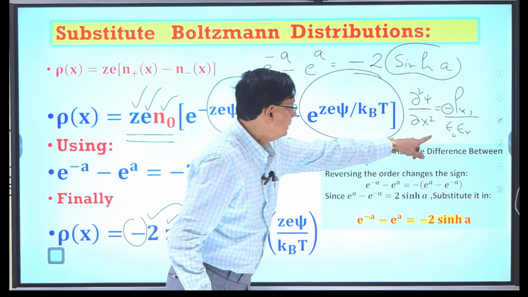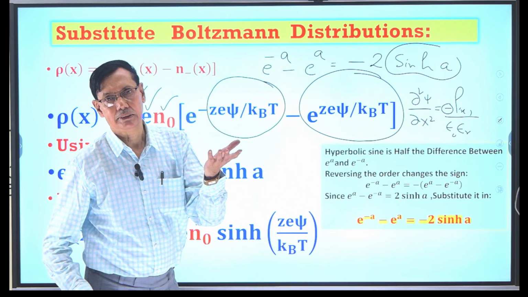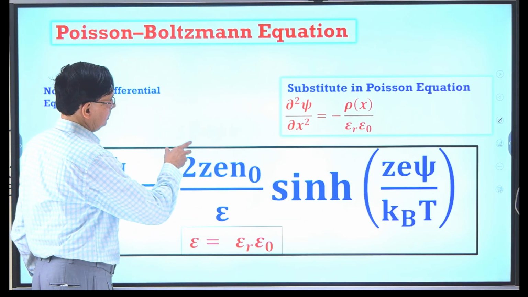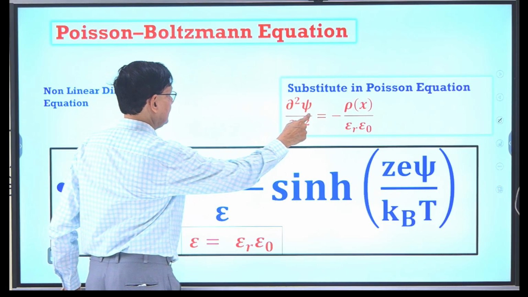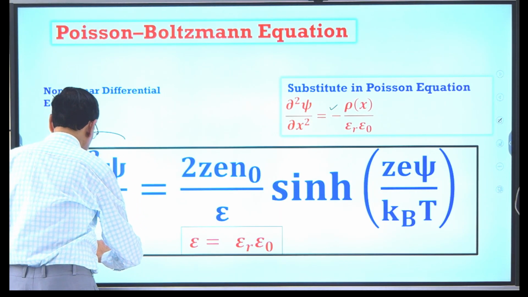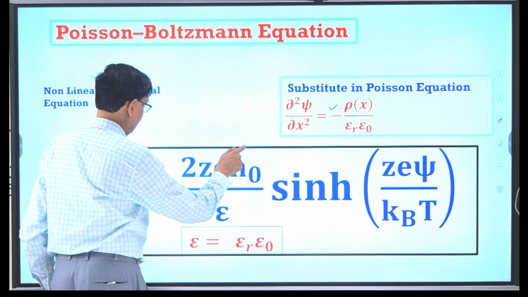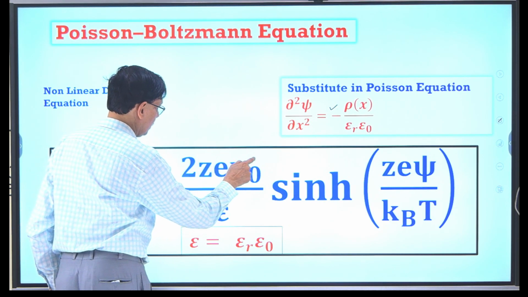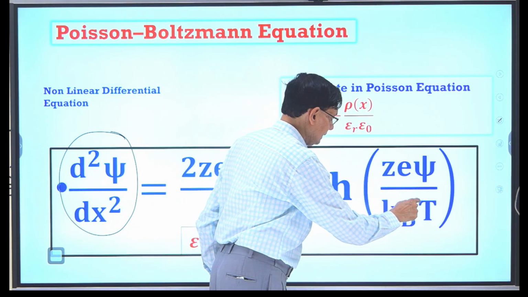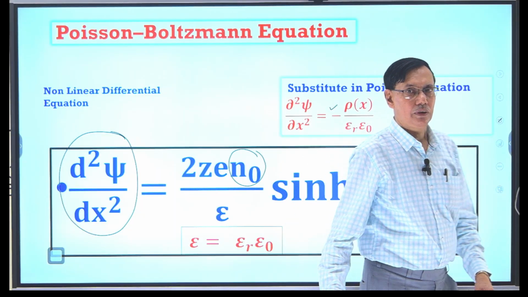And epsilon 0 and epsilon r की वैल्यू आप इसको epsilon भी लिख सकते हैं, इसमें कोई कंफ्यूजन नहीं है. तो देखिए माइनस माइनस कहाँ चला गया दोनों. तो del square psi, ये मेन इक्वेशन है, इससे अब आगे हम डेरिवेशन करेंगे. तो 2 z e n0, the concentration, sinh of z e psi by k T. यहाँ तक आपको समझ में आया?